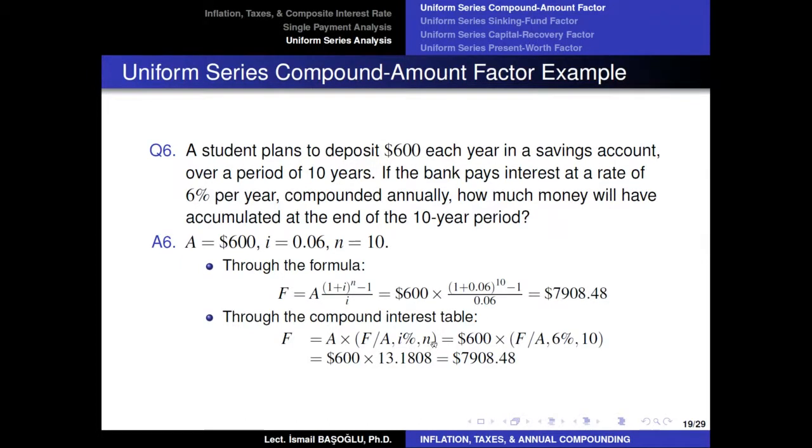So in this question, we are multiplying an installment size of 600 with the uniform series compound amount factor F over A under 6% interest rate for 10 years. If you multiply A with F over A, the A's will cancel out, and what you are going to get is the future value. Now, we need to check the factor F over A under 6% interest rate for 10 years from our table.